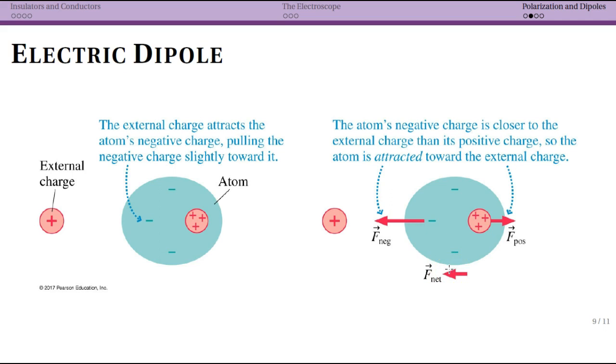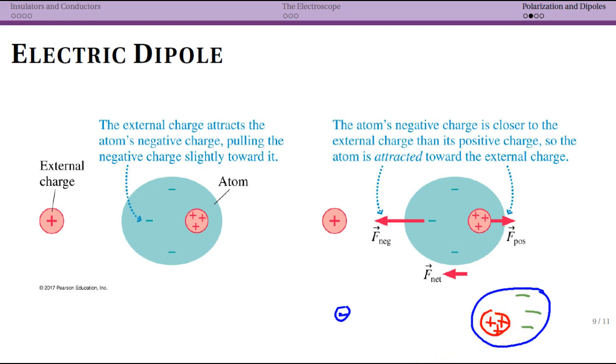So now think about what would happen if we instead had an external negative charge. If instead we had an external negative charge, the electrons have a repulsive force, and the nucleus would have an attractive force. Well, in this case, which force is bigger? Again, the attractive force, since it's closer.